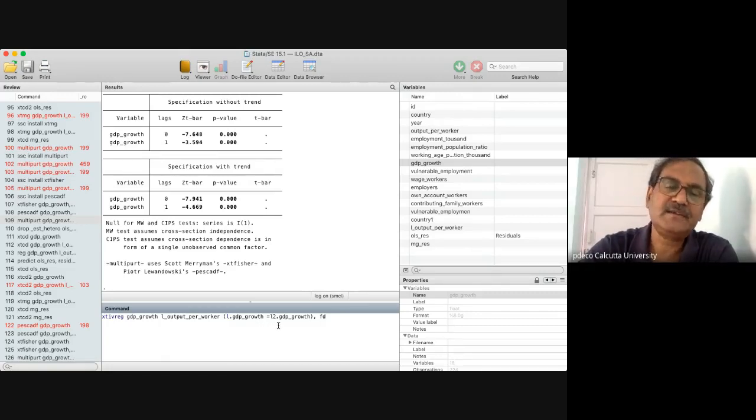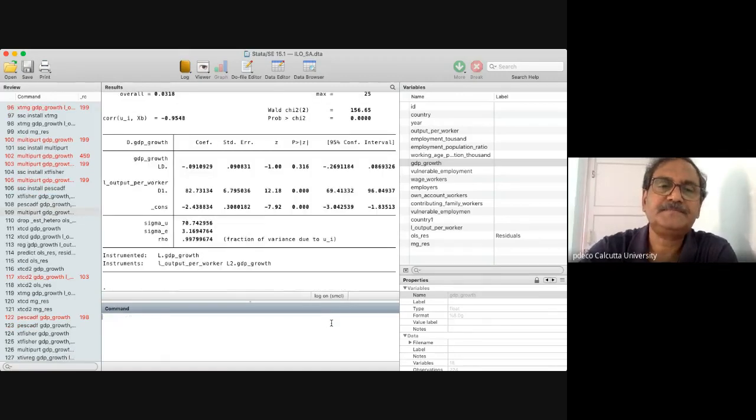What is the instrument? yi,t-2 is used as an instrument for yi,t-1, and your model uses the first difference. Have you written it? Now execute this command.